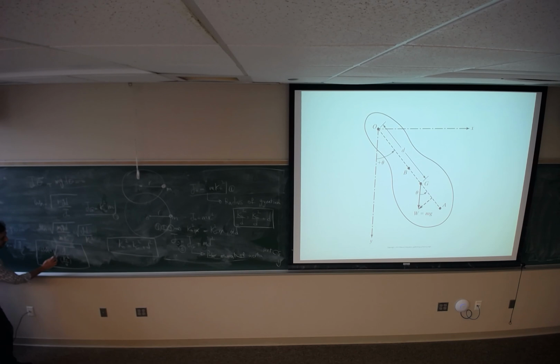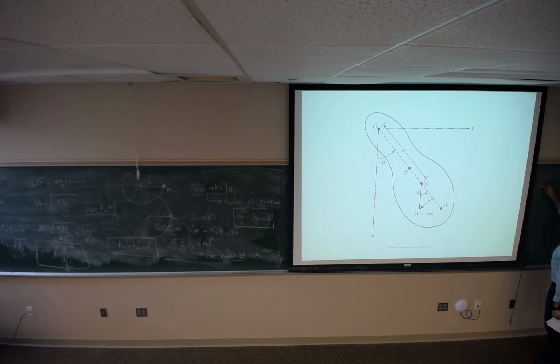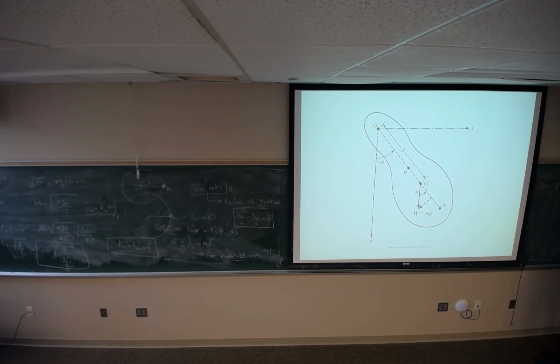If I call k naught squared divided by d as L naught, omega n is gonna look like square root of g divided by L naught.